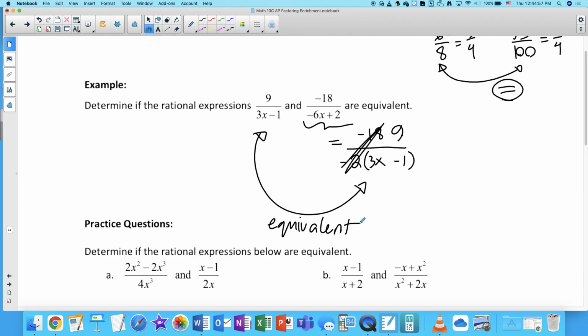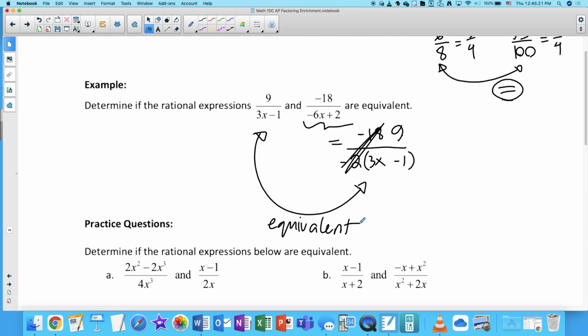Okay? Sometimes these get a little bit more complicated, particularly if we do funny things with negative signs. So one thing that I actually recommend if you're unsure is you can sub in a value for x, sub in x equals 1 to both expressions, and see if you get the same number, right? So if you want to check through verification, you can do a substitution.